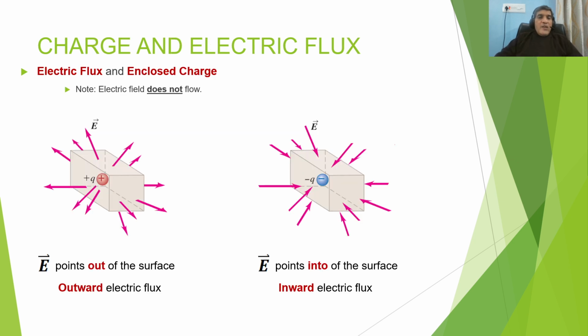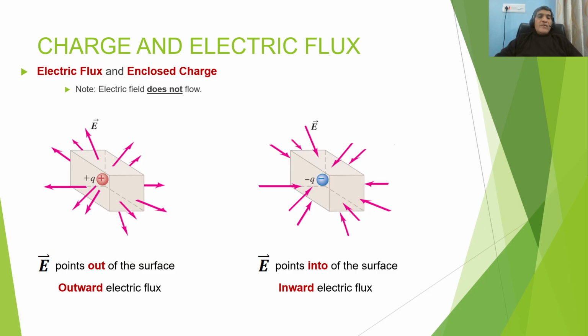Now again a very nice PPT regarding discrete charge systems. As you see in this PPT, we have electric flux and enclosed charges. In these two pictures, one on the left hand side and one on the right hand side, in the left figure we have a plus Q charge and it generates the electric field shown by the red arrows pointing away from the plus Q charge.